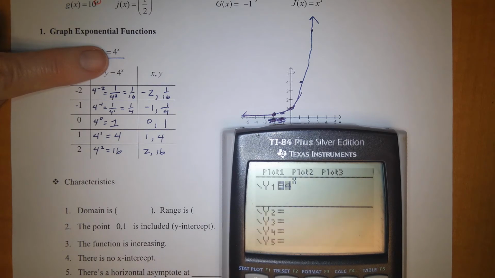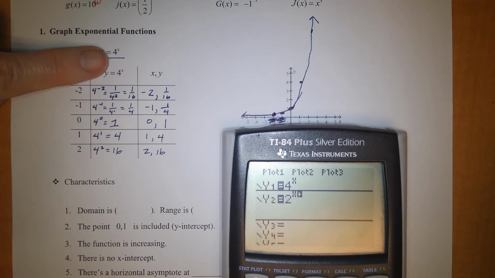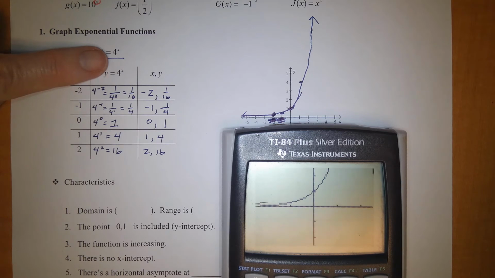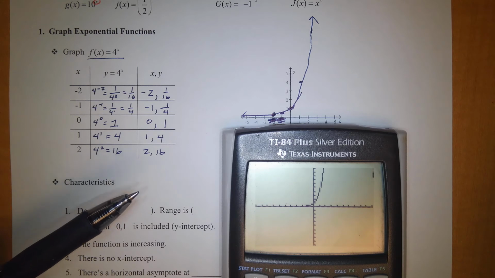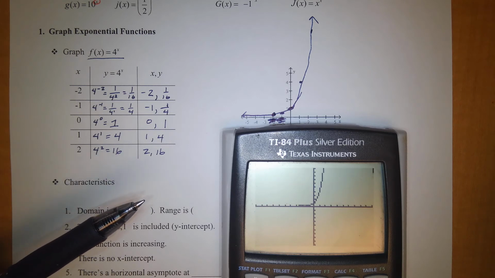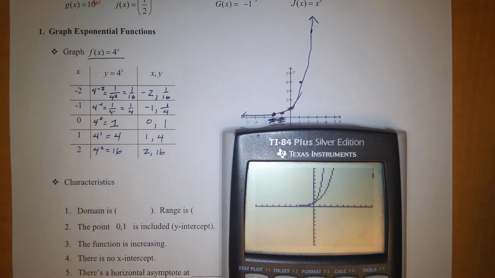Now what if I change this? I'll also graph 2 to the x power. So I'm going to make the base a smaller number. If I zoom back out, the first one is 4 to the x, and then this one is 2 to the x.